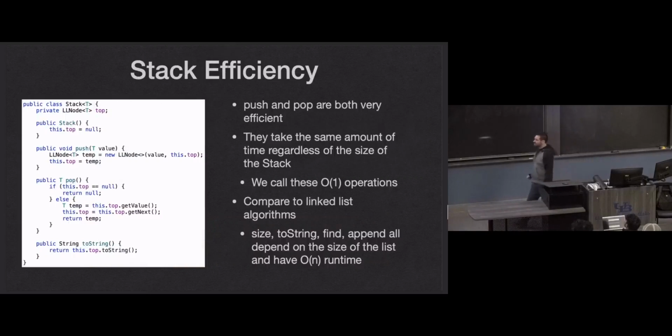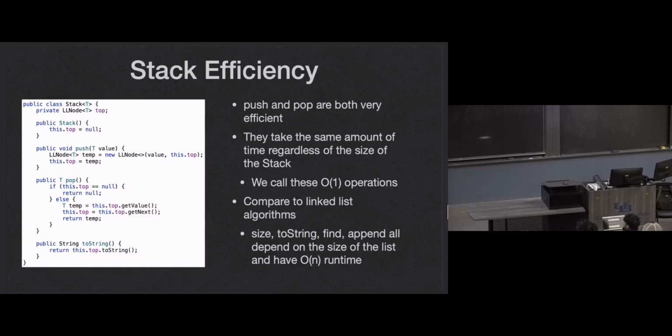So my point here is that these methods are very efficient operations. Push and pop are both what we call O of 1 operations. What this means is that no matter how large the stack is, these operations do the same amount of work.